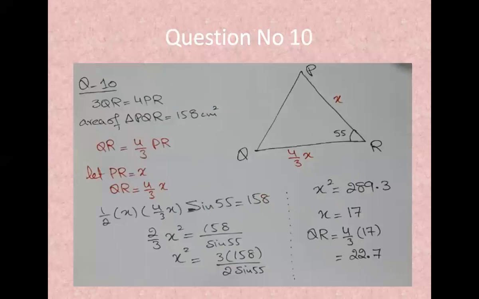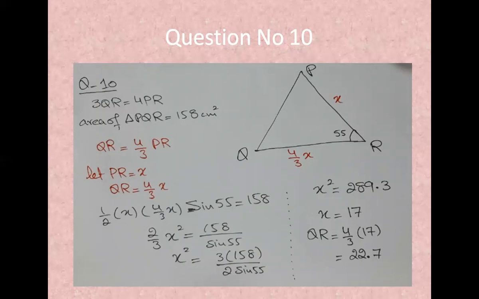The next question is question number 10, and let me read it from the book. I'm reading from the D3 New Syllabus Mathematics 7th edition, Exercise 8B, question number 10. This diagram is also given in the question.